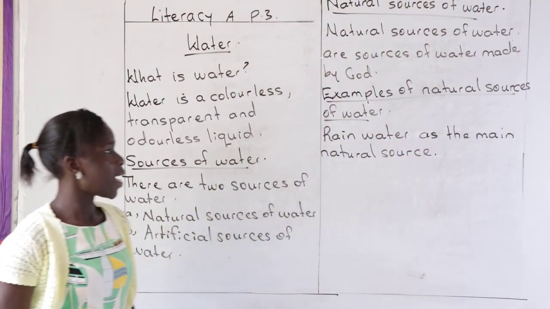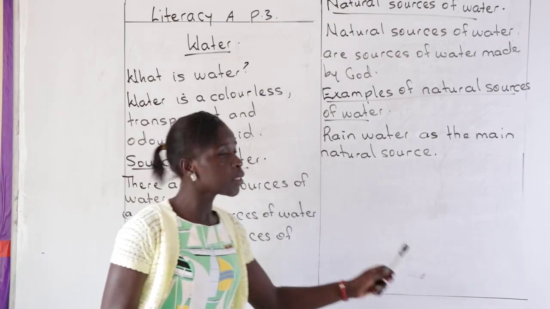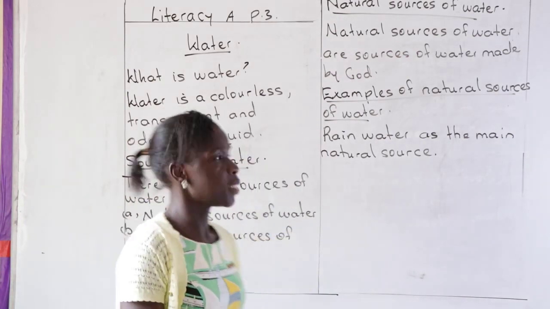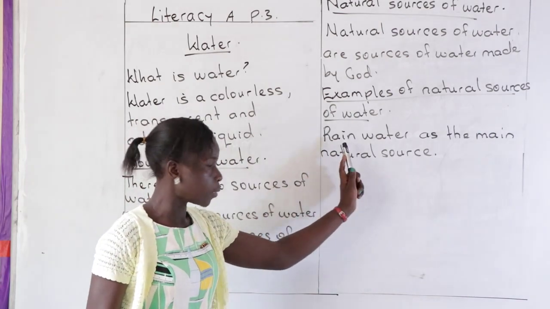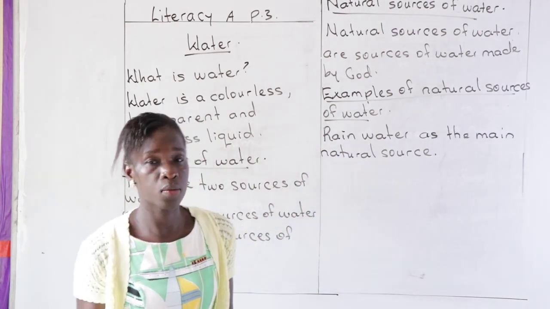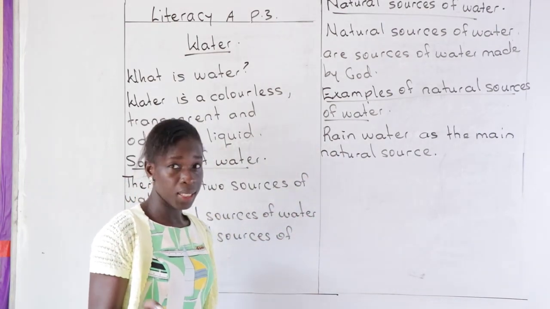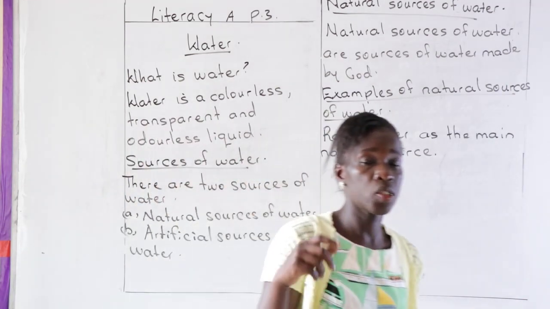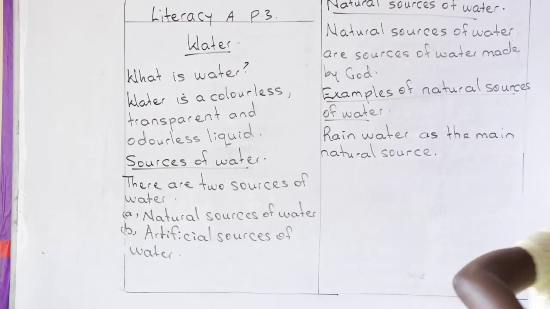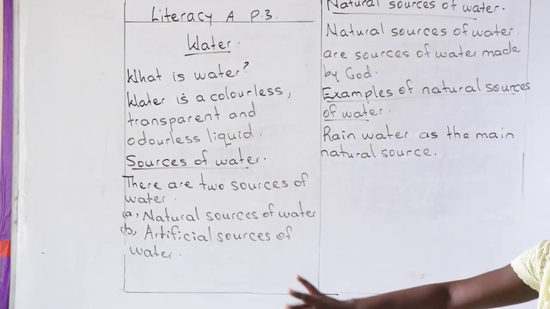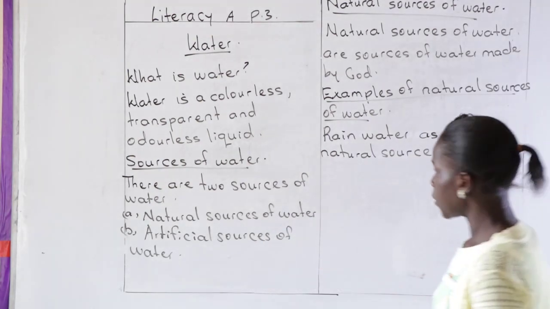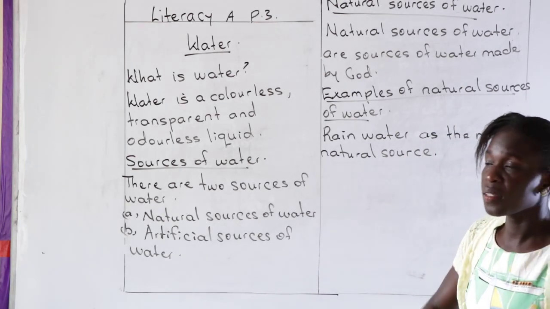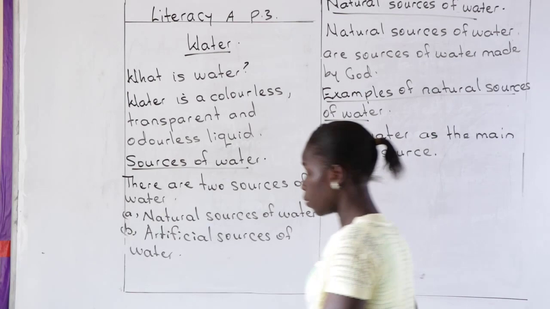Why do we call it the main natural source? Because all the other sources get their water from the rain. So rain is the main natural source of water because it supplies all the other sources of water with water.